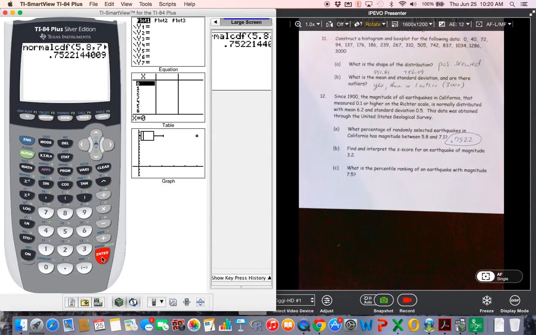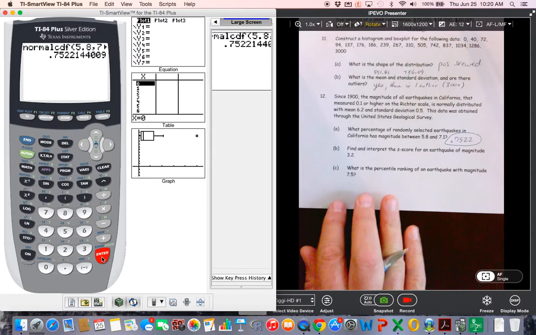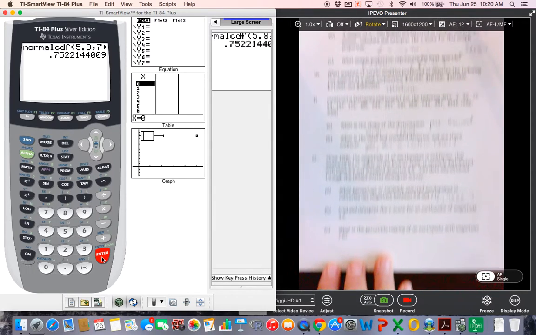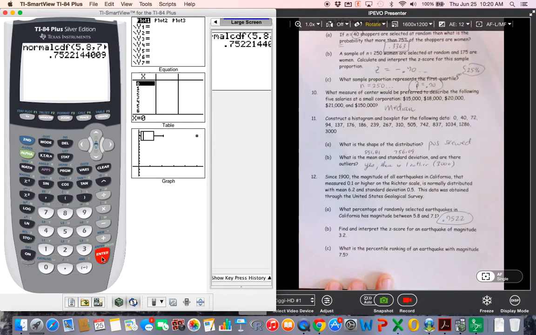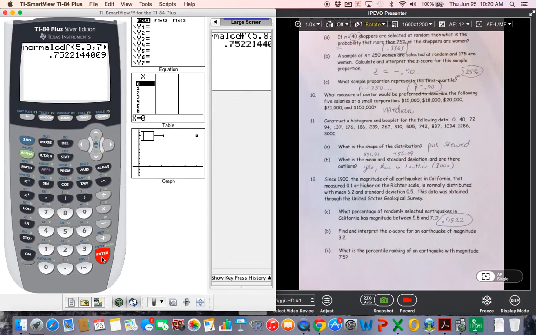Find and interpret the z-score for an earthquake of magnitude 3.2. Again, the z-score formula: we take the score minus the mean over the standard deviation.